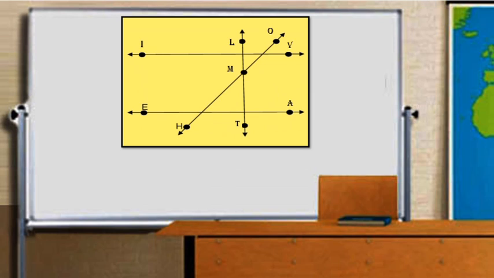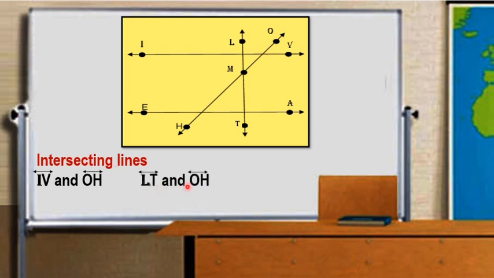Now, let's look at this illustration. Let's identify which are the intersecting lines in our given illustration. The first one, correct. We have line IV and line OH. Line IV and line OH intersect at this point. Is there more? Excellent!